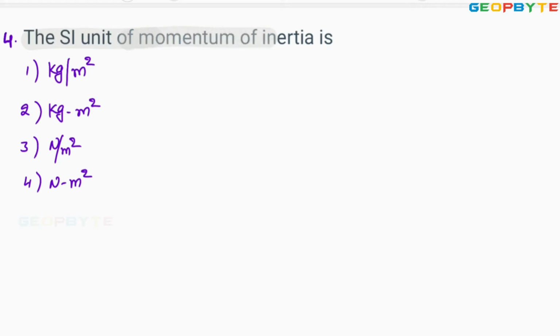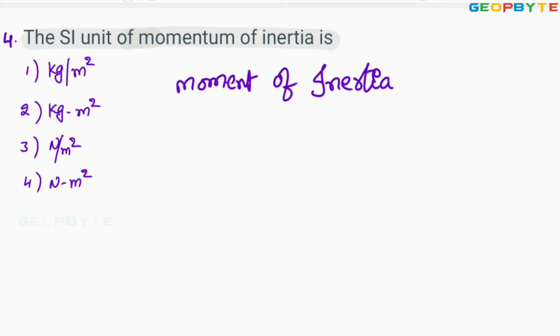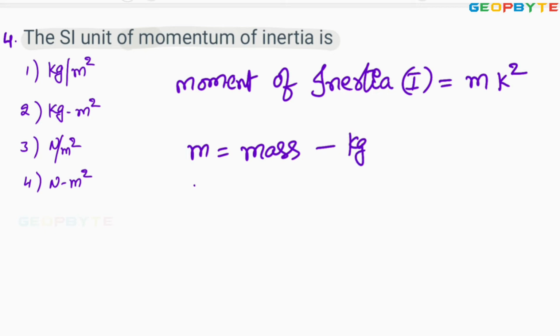The SI unit of moment of inertia is, dear friends, generally moment of inertia denoted by I equal to product of m k square. Here m is the mass, which is in kg, k equal to radius of gyration.